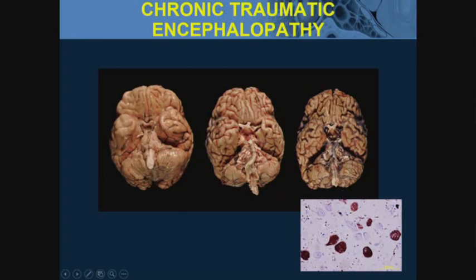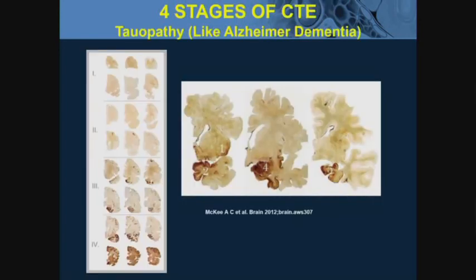These guys will have neurofibrillary tangles and so on, the changes that you will find identical to Alzheimer's disease. And in fact, chronic traumatic encephalopathy is now considered a tauopathy in the same family as Alzheimer's dementia. And again, here brown is the positive staining, and this is from mild all the way down to severe. And this is what happens in the temporal lobes and in the frontal lobes.